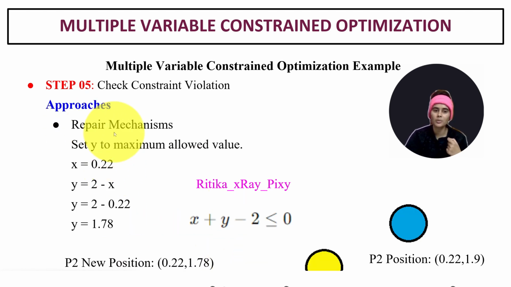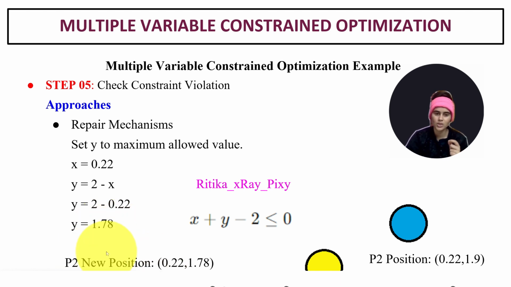So this time we will use the second approach, that is the repair mechanism. So here we will set the value for y to the maximum allowed value. The value for x is, you can see, 0.22. If we consider this value, then y is equal to 2 minus x. You can see, put the value for x, that is this one. So the new value for y we got here is 1.78.